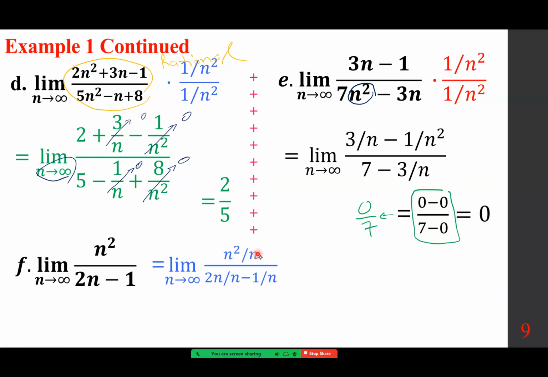This becomes n, this becomes 2, this becomes minus 1 over n. Since n is approaching infinity, this is infinity, but this goes to 0. Now, please understand, infinity divided by 2, infinity times 2, infinity divided by 20 billion makes no difference. It is still infinity.